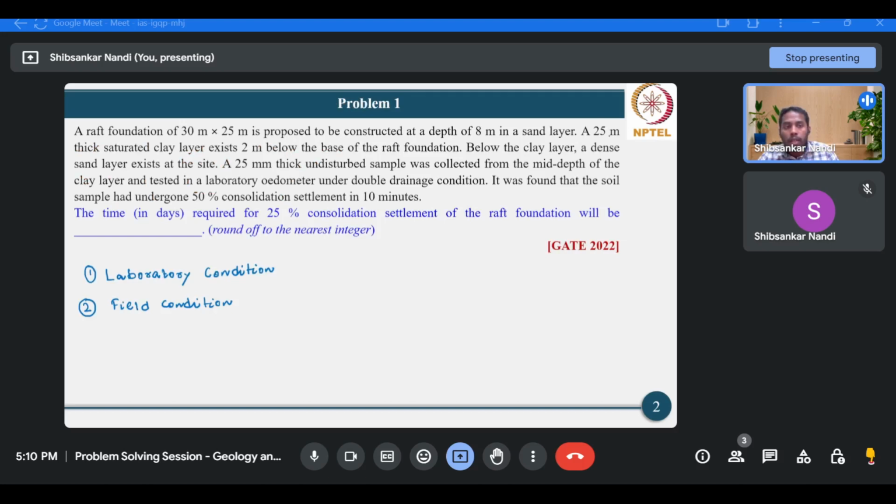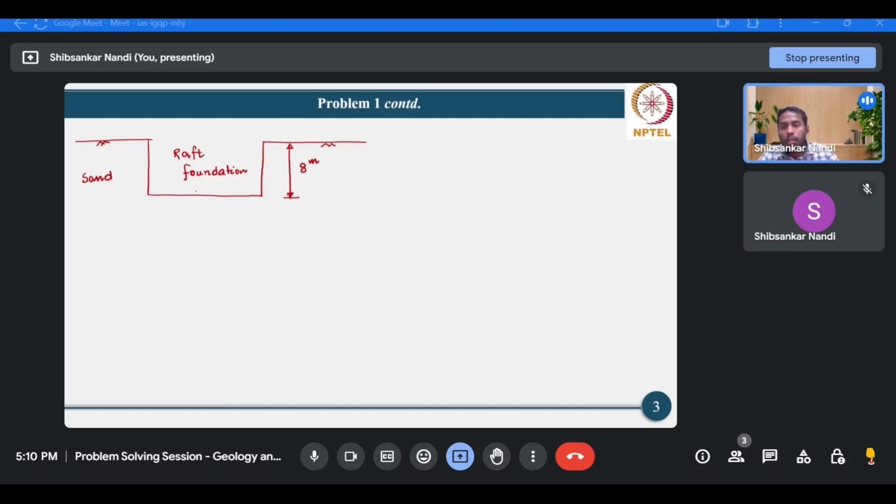In the next statement, a 25 meter thick saturated clay layer exists 2 meter below the base of the raft foundation. So this is the base.